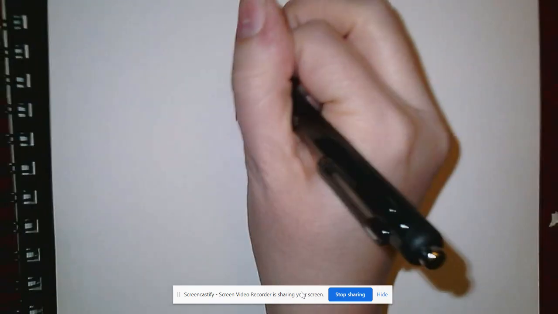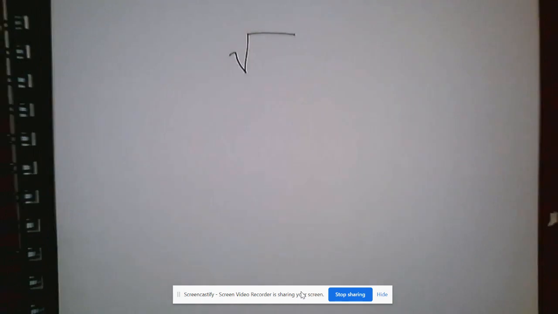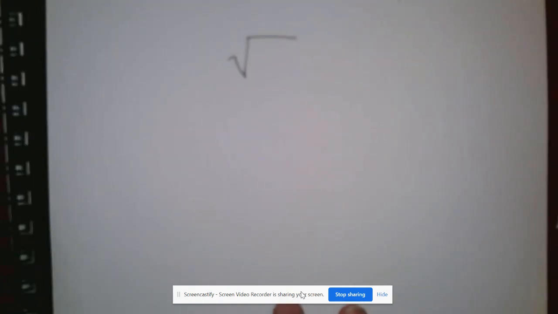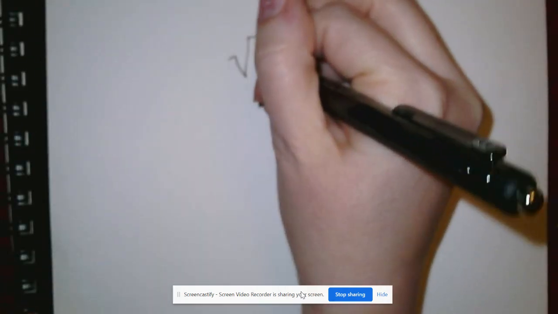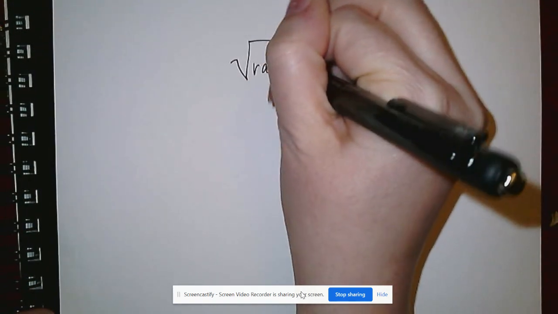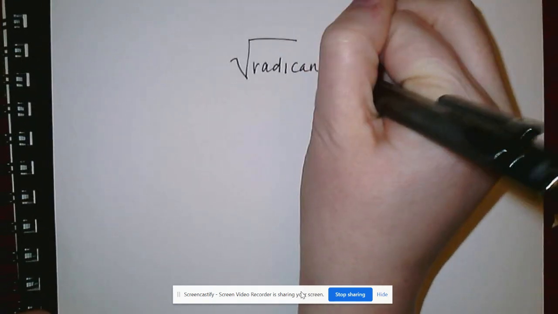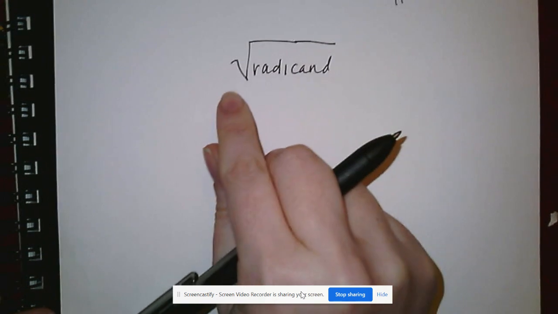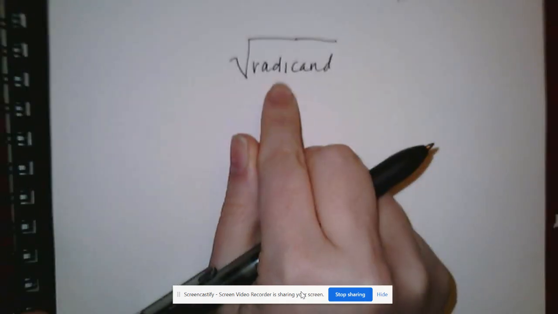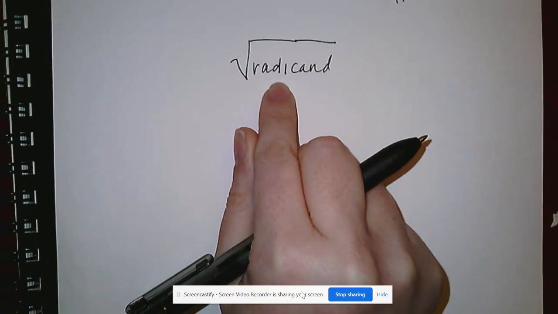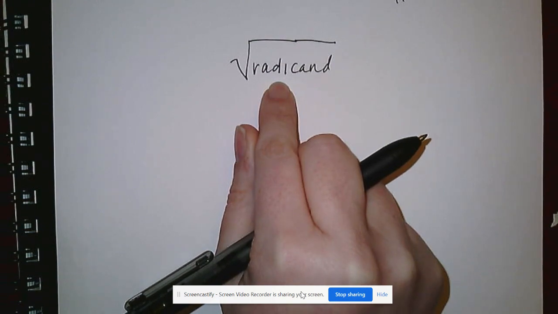We are going to be talking about radicals. The radical sign itself is not a new idea. We've seen it before with square root and cube root. The thing under the radical actually has a name. It's called the radicand.